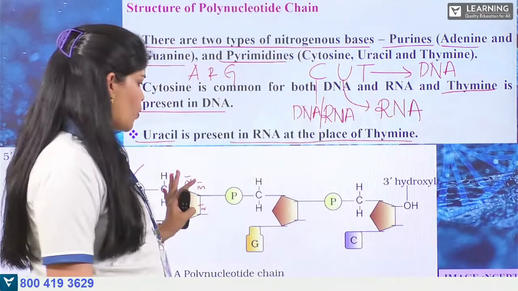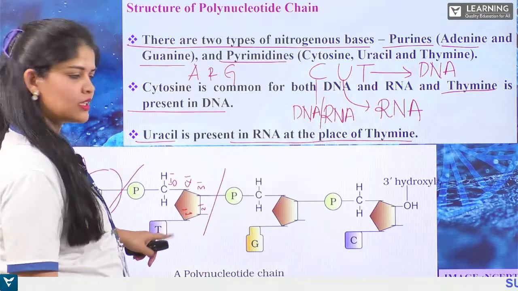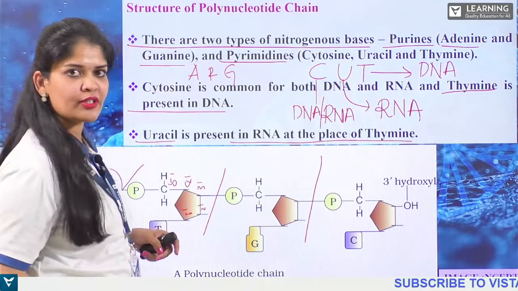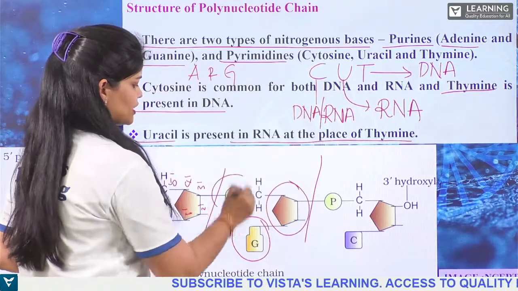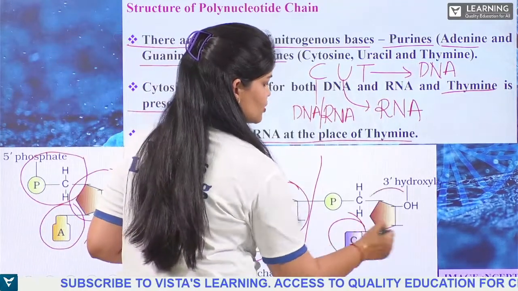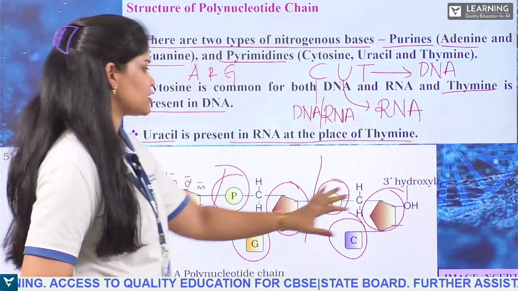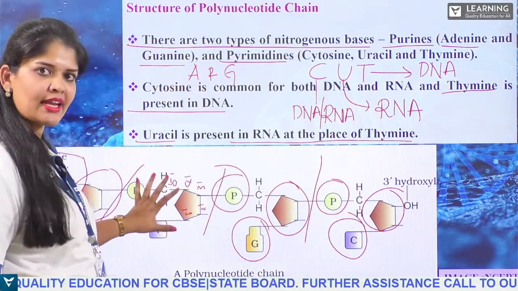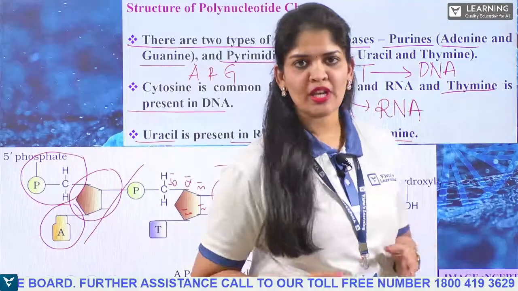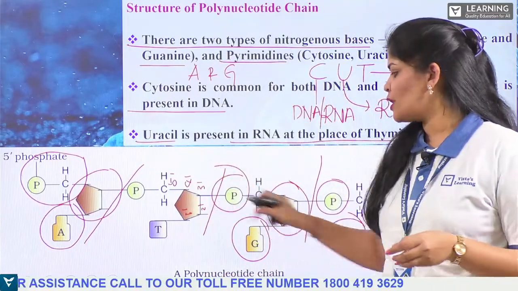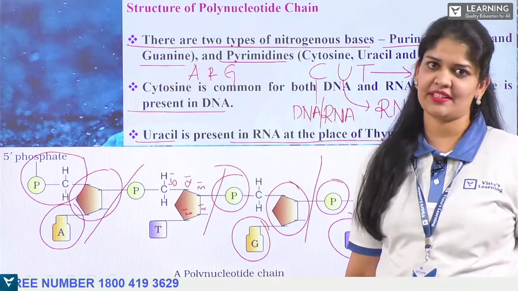Right? So this is how one nucleotide connects with a second nucleotide, and again a third nucleotide. See, we have nitrogen base, sugar, phosphate. Nitrogen base, sugar, phosphate. Three together make a nucleotide. This is one nucleotide, another nucleotide, another nucleotide, which combine by means of phosphodiester bonds to form a polymer, that is a polynucleotide chain.